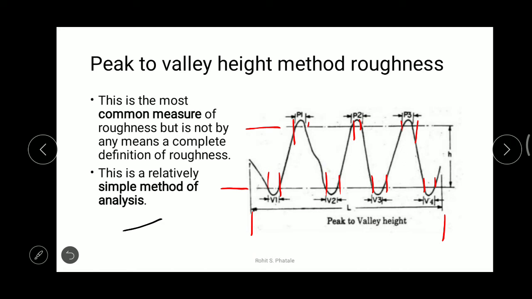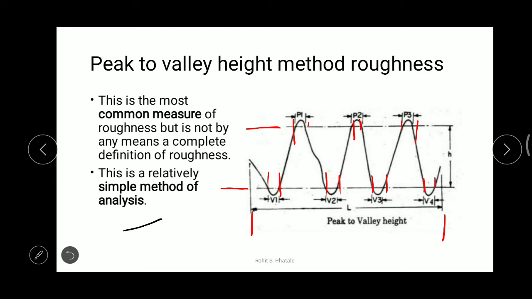So what is the definition of sampling length? It is the length of profile necessary for the evaluation of irregularities. It is also known as the cutoff length. Whatever peaks, valleys or roughness we have to find out, for the irregularities we take one length, and that length is nothing but the sampling length.